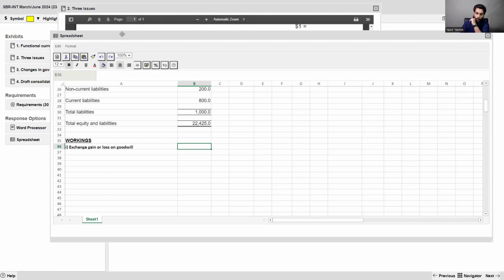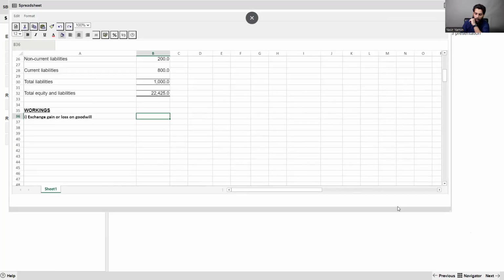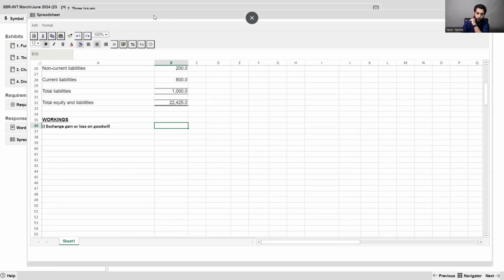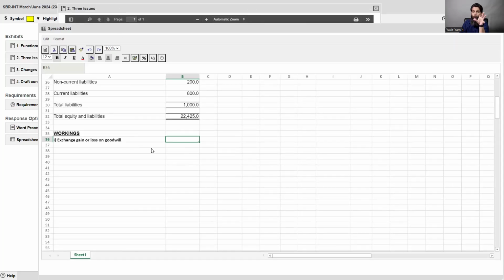Guys, when we are working on exchange gain or loss on goodwill, we will make three columns essentially. I always told you, make a column for foreign currency, make a column for exchange rate, make a column for local currency. Remember? And then what was the format of determining goodwill?